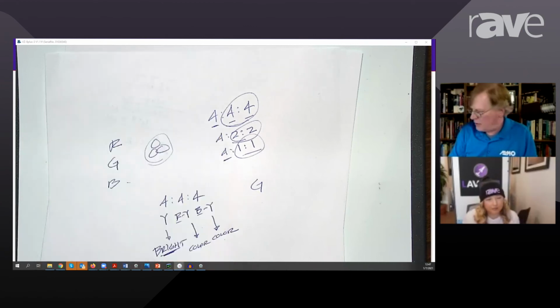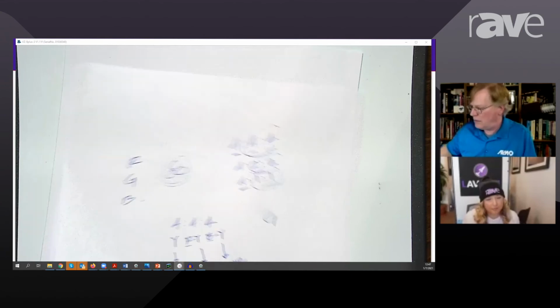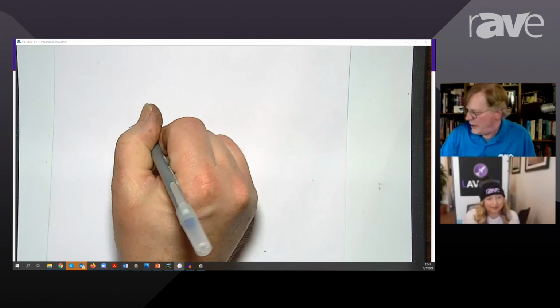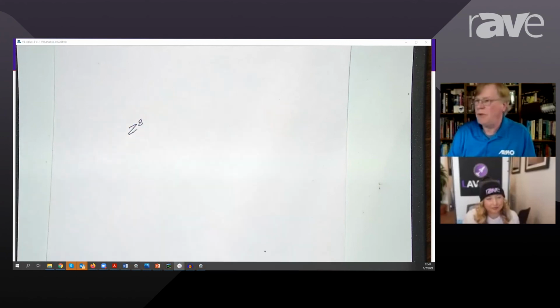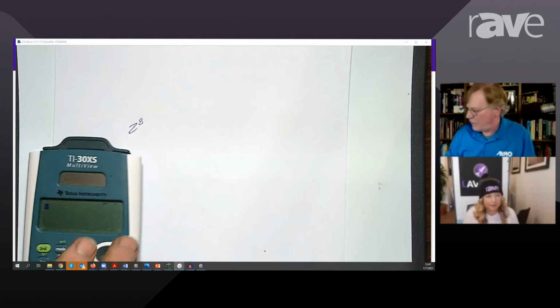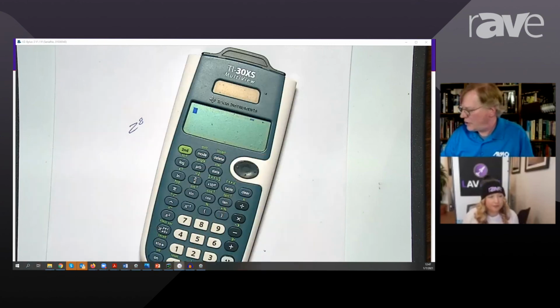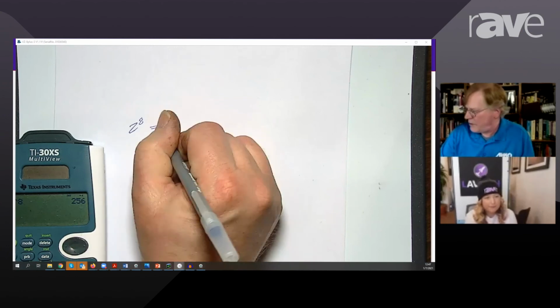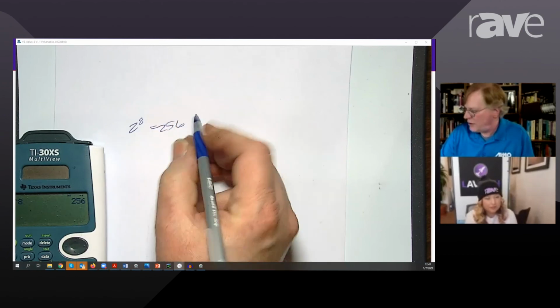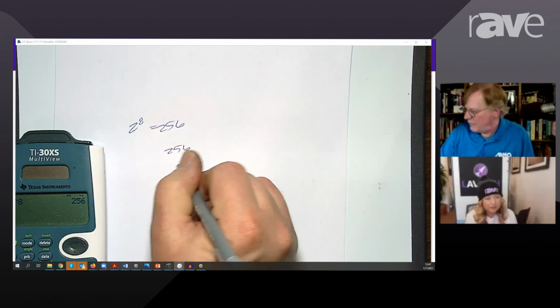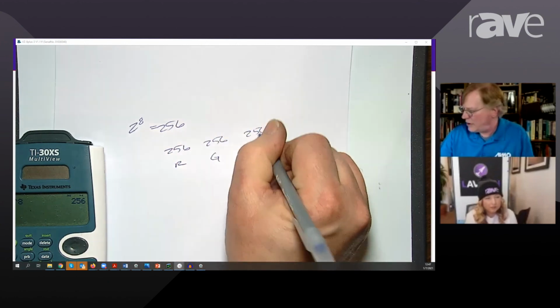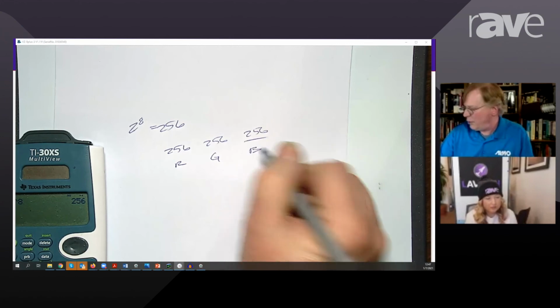Let's play with something else, since we're playing with math. We're doing 8-bit color, 2 to the 8th. To do this on the calculator, 2 to the 8th is 256. So you've got 256 for red, 256 for green, 256 possible values for blue.